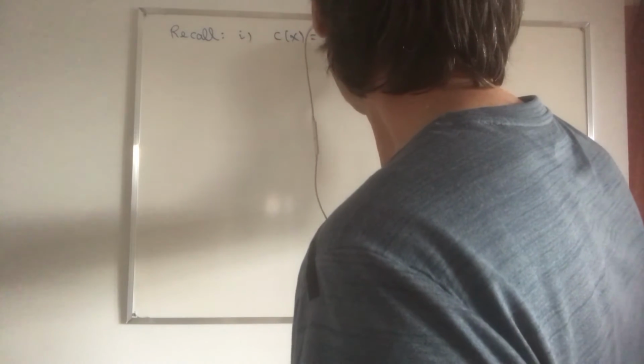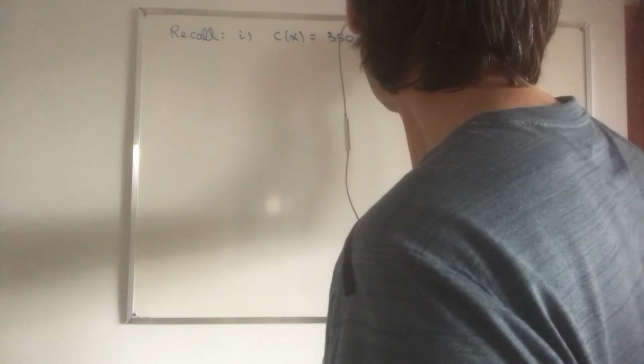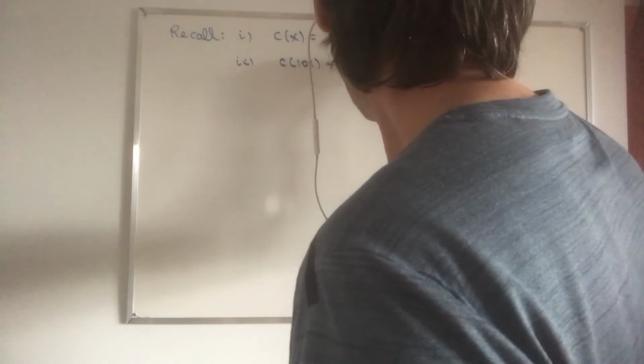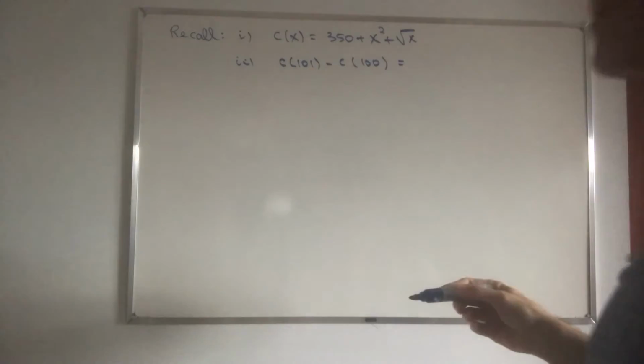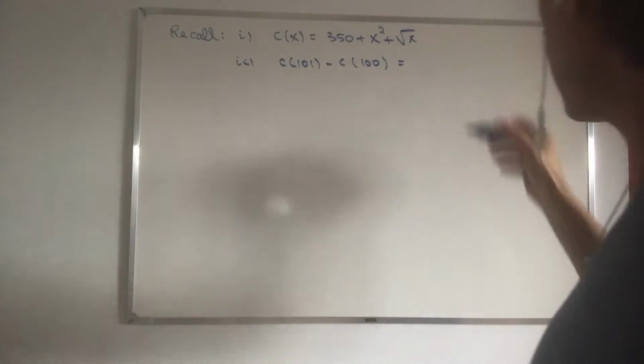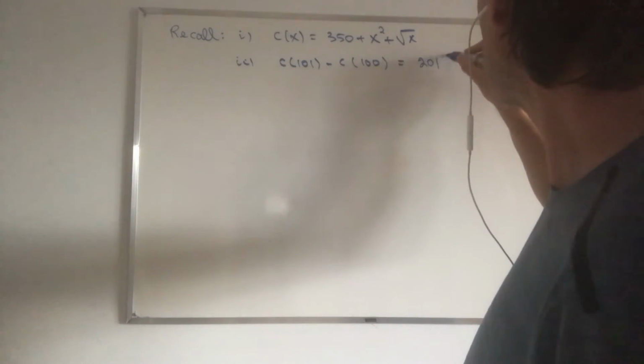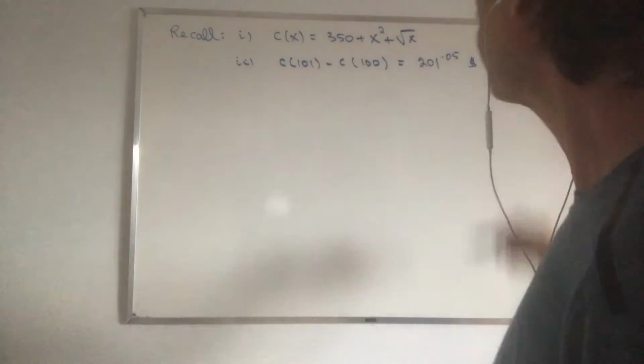So recall two things, actually. Recall that our cost function was given by 350 plus x squared plus root x. Also recall the exact cost of producing the 101st item, which was, I believe, $201.05.